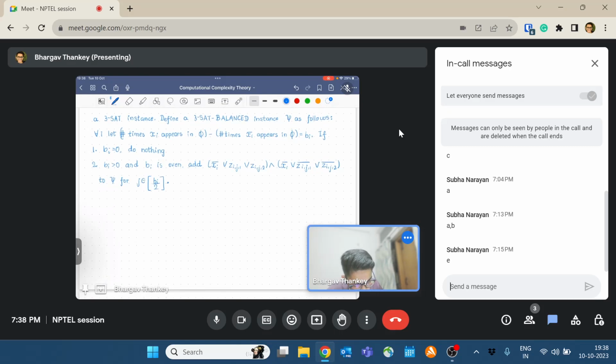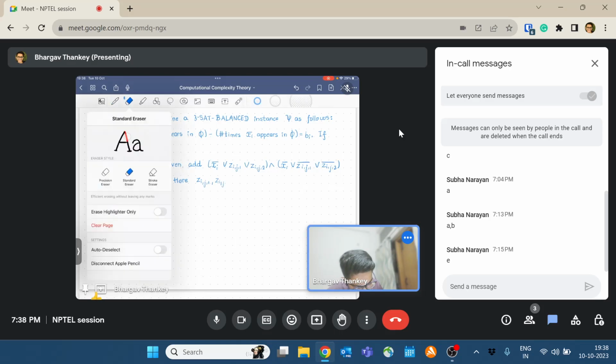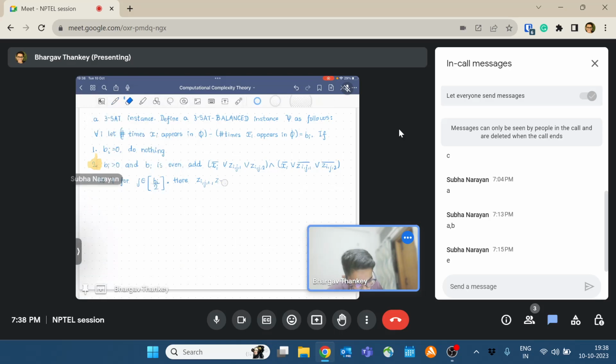Here Zi comma j comma 1, Zi comma j comma 2 are distinct variables. Distinct and new variables.